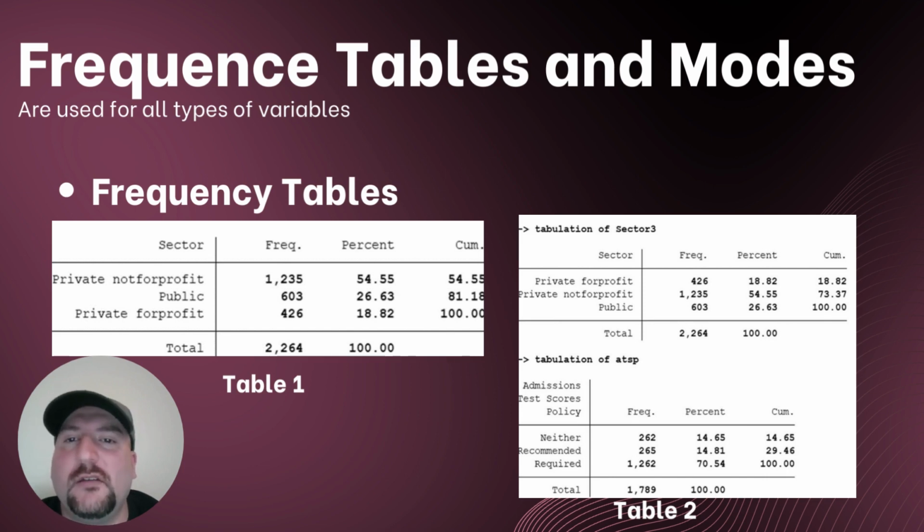On the right side of the screen, in Table 2, we can see an example of a frequency table from multiple variables. We can notice that the total number of colleges reporting their policy is 1,789 compared with 2,264 in the first table that lists the type of the sector.